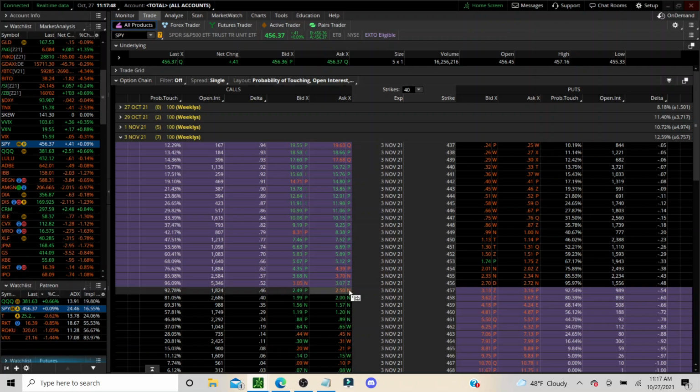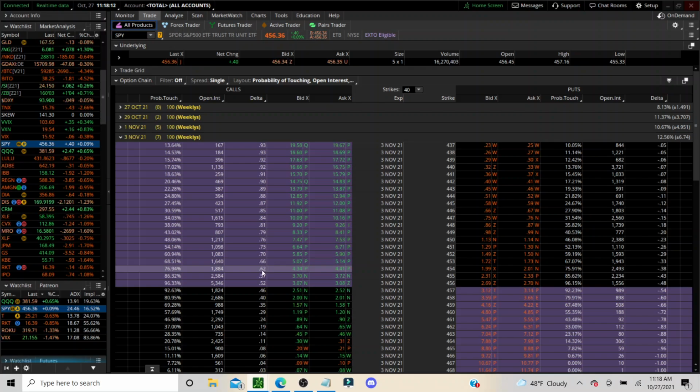Now, let's say we were bullish today on the SPY, and we're looking at which option expiration and strike we should look for. One of the things about delta is the actual change for each dollar.